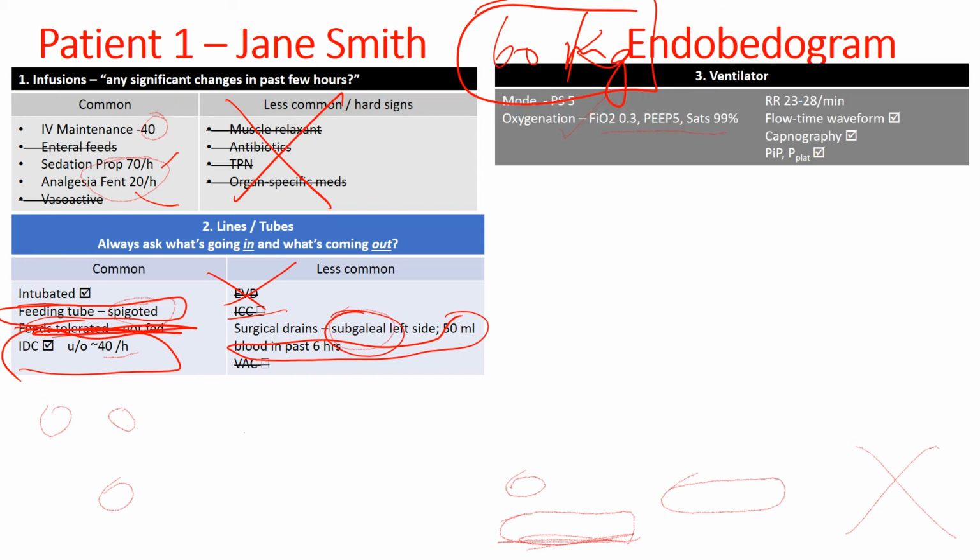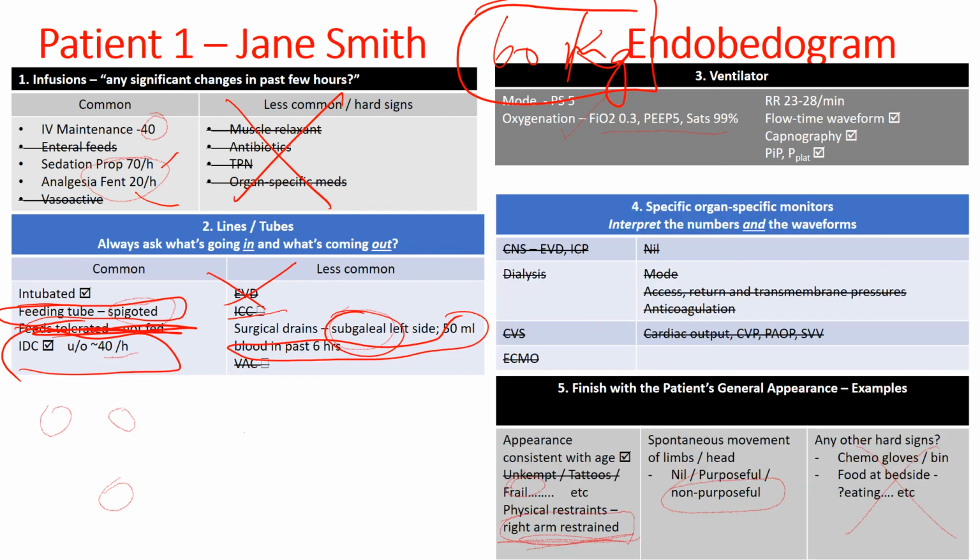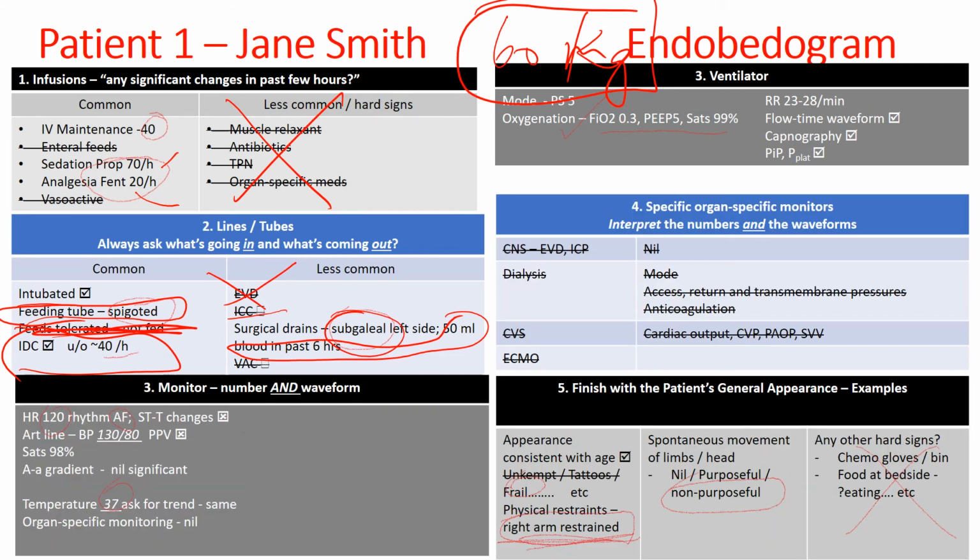Next, ventilator. Okay, before the ventilator, let's go to the monitor. For the monitor, she's having tachycardia with AF. So AF with a rapid ventricular response, no ST-T changes, so that's good. Her arterial blood pressure is good. Pulse pressure variation, you can't look for it because it's AF.